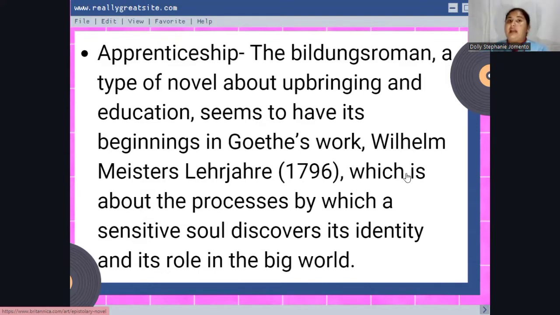So for example, it is about how the character or the protagonist of the novel can adapt in the art of life by passing through definite stages like his successes, his failures, his improvements, until at last he becomes a master or skilled.